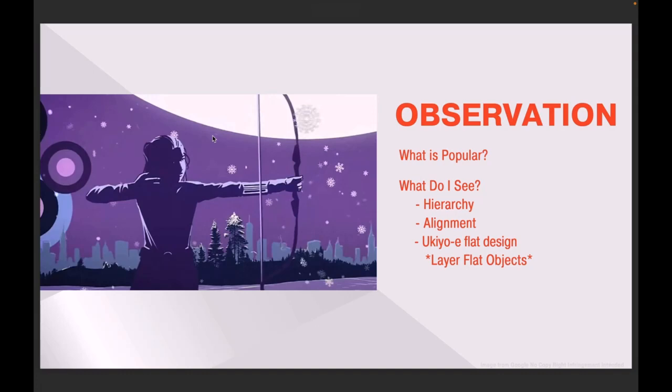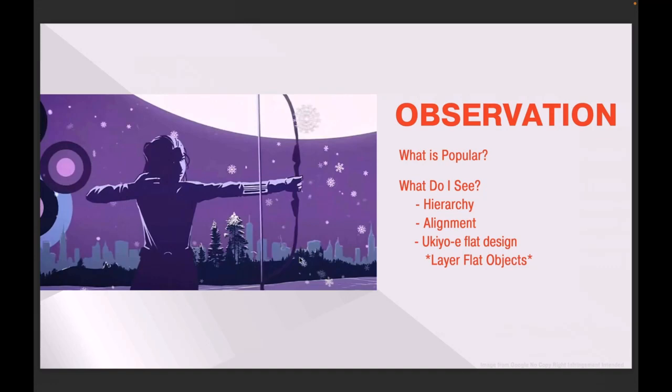The design they're currently using is very minimalistic, with simple lines, and they intertwine it with bold colors to make a dramatic design. What they are doing is layering flat objects, and they're using the same background, middle ground, and foreground.